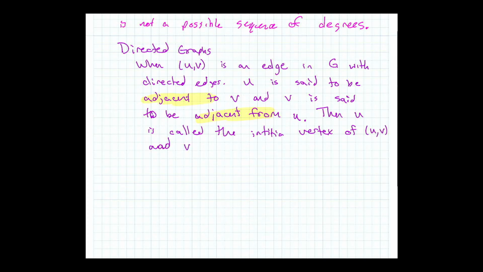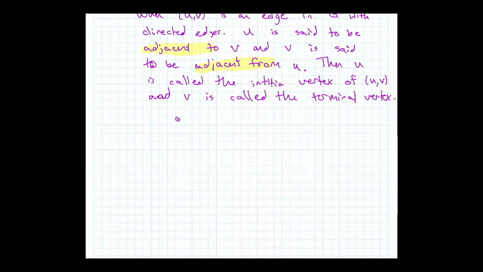And V is called the terminal vertex. Right? And so just so we're clear, U, V, and the arrow goes that way. So you've got initial, terminal. We can even write that in. Initial, terminal.